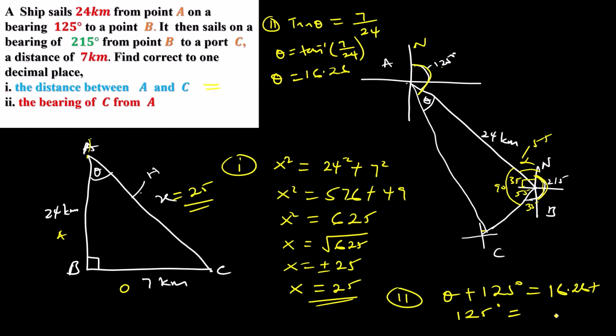We are to round our answer to one decimal place, so we have 141.26. To one decimal place, that will be 141.3. So that is the bearing of C from A.